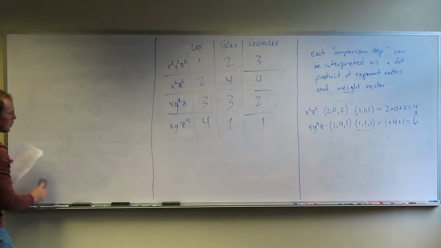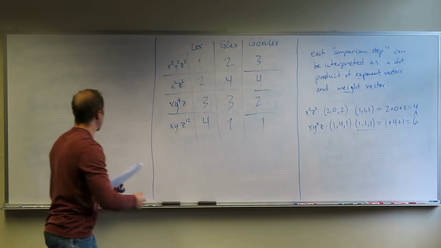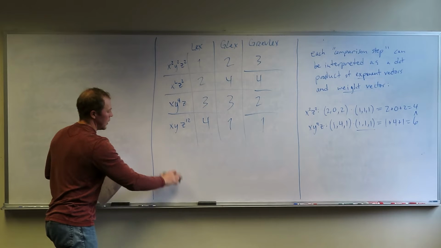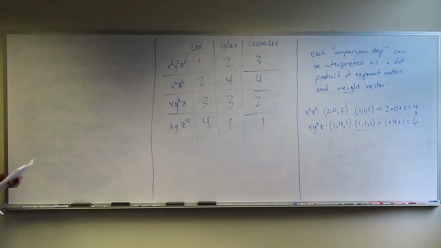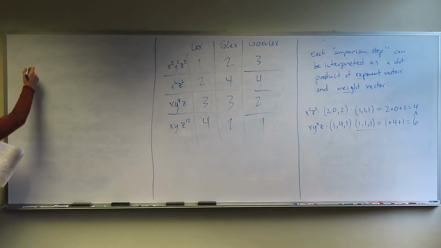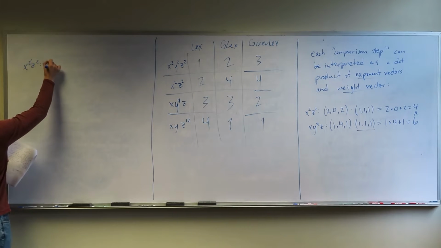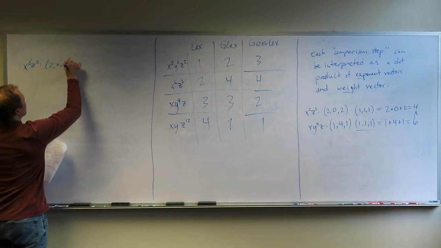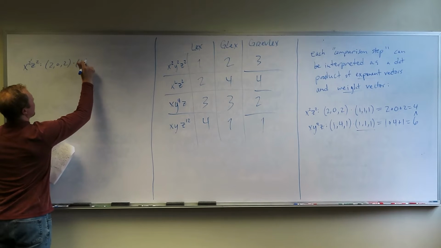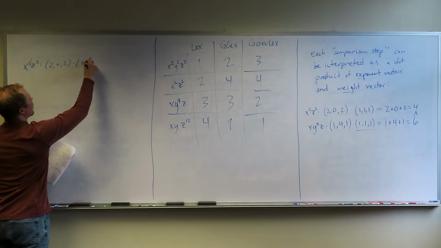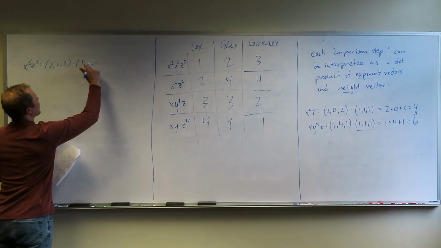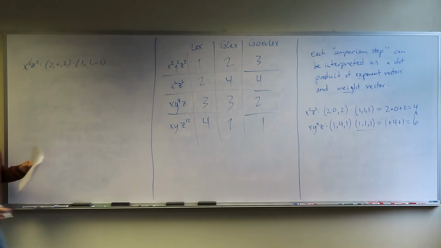One other thing I'll say about weight vectors here is that they can't be negative. Right? So if I tried to take the example we just had, and now I tried to dot with, say, 1, 1, minus 1, right?